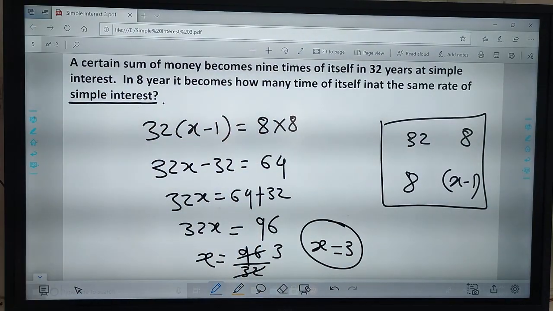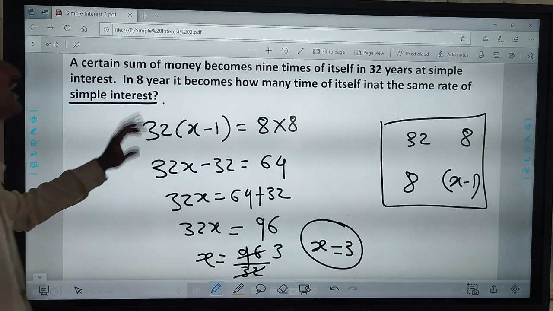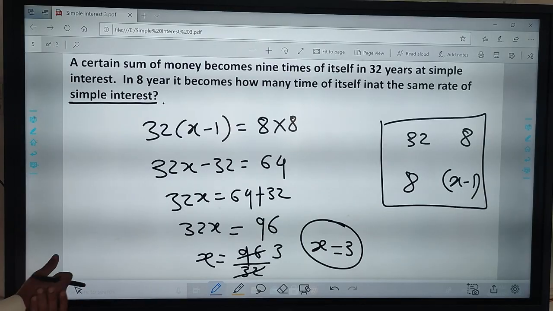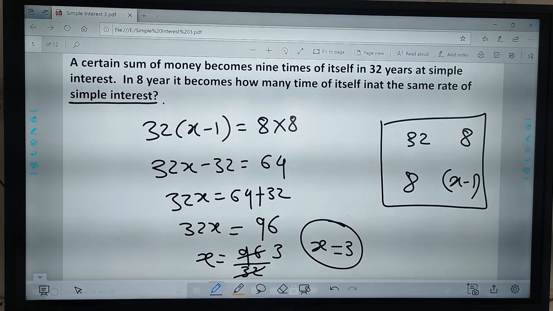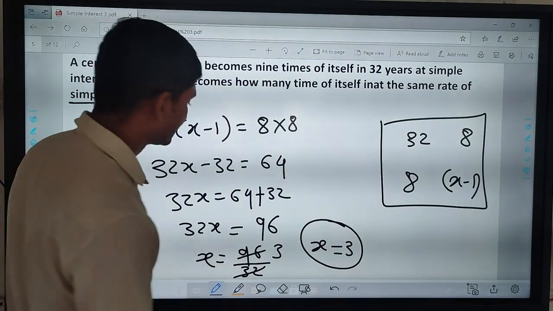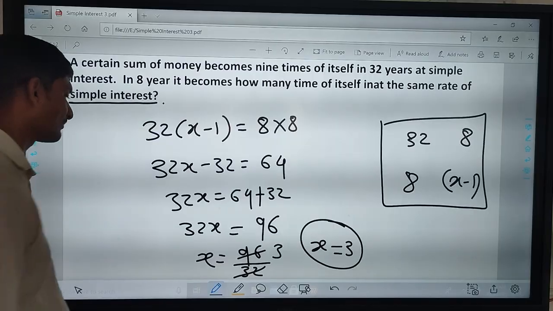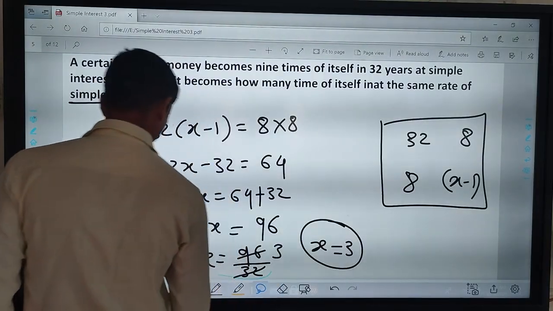Then in 8 years it becomes 3 times of itself. This is your answer.